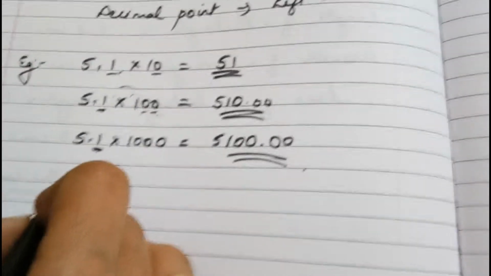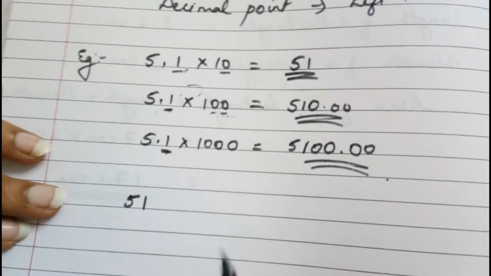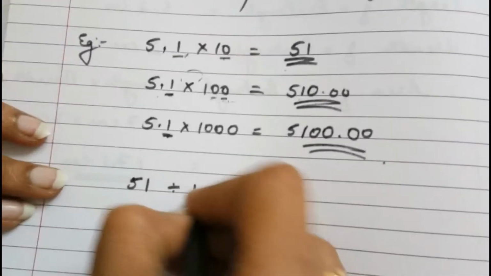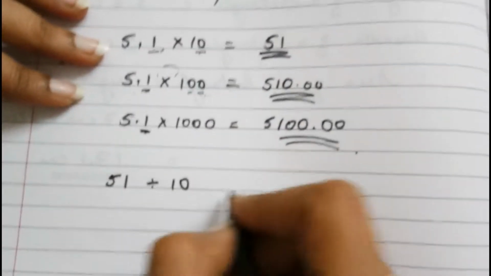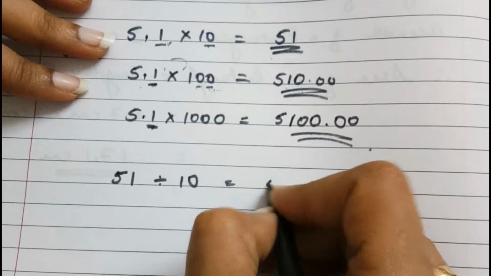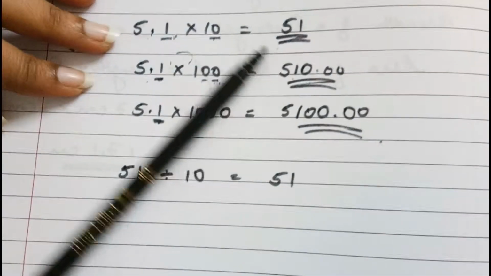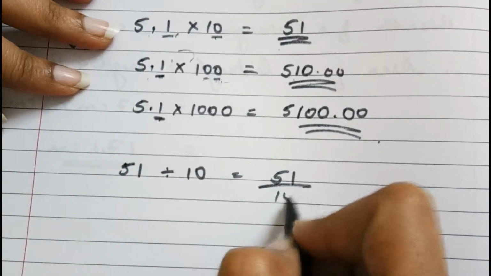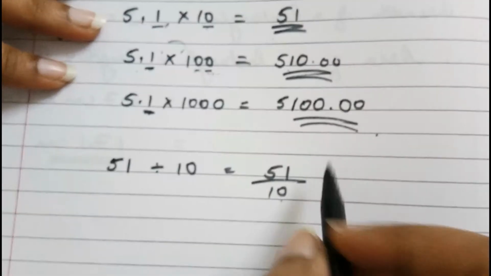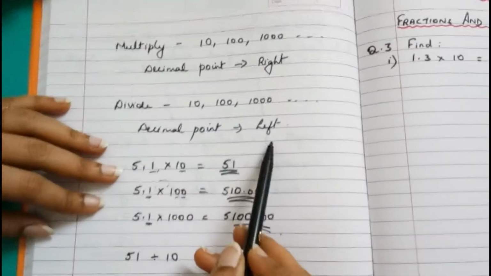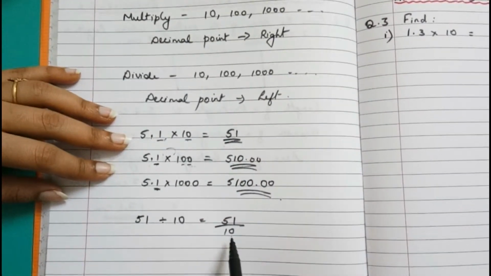Say 51 divided by 10. How will we write this? 51 divided by 10 equals 51 by 10. Since there is only one zero, we saw that when we need to divide, the decimal point moves towards left.